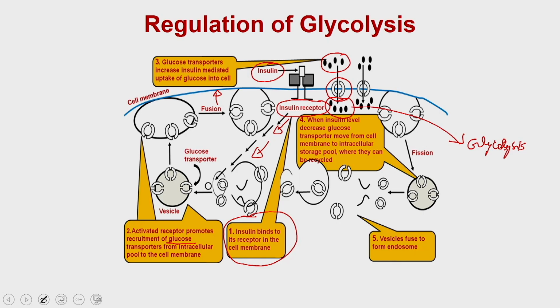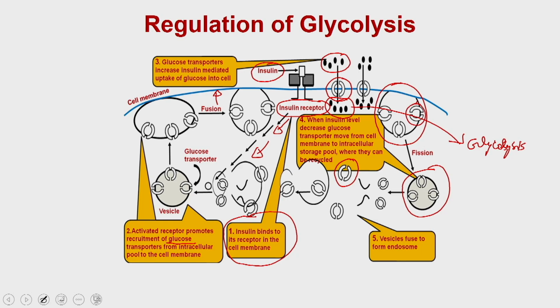But you can imagine that if the glucose level is very high and the insulin level is going down, then all these events are going to be reversed. The glucose transporters present on the cell surface are internalized into vesicles, and then ultimately they are degraded through the endosomal system, and that is how the level of glucose receptors on the cell surface is reduced.